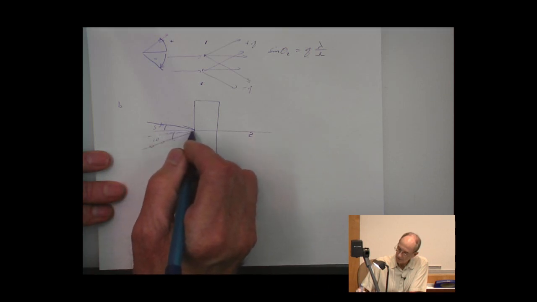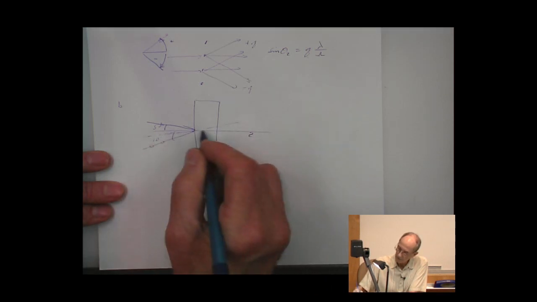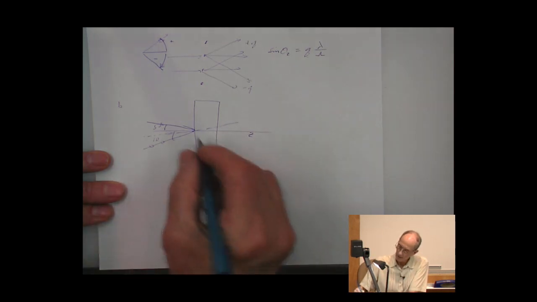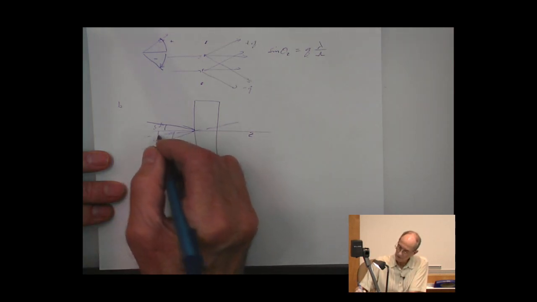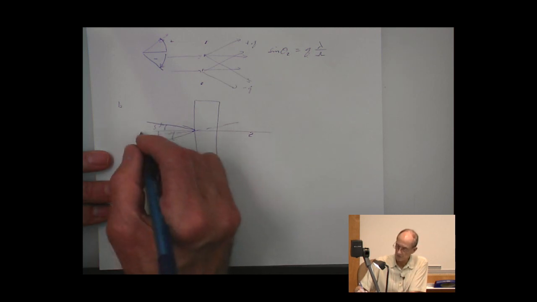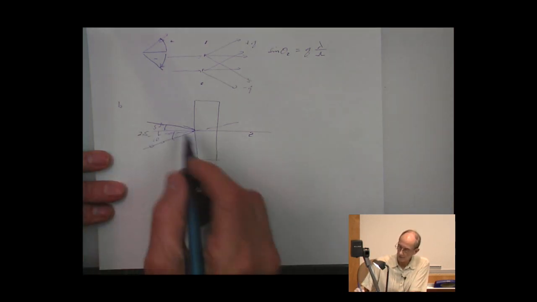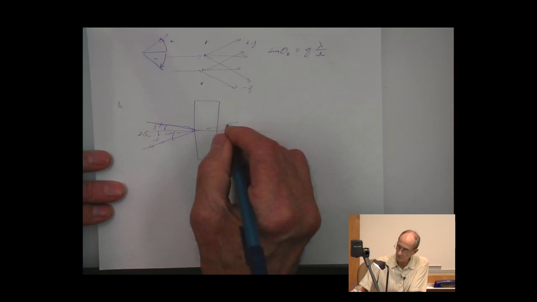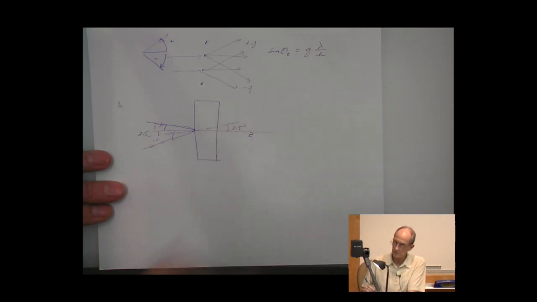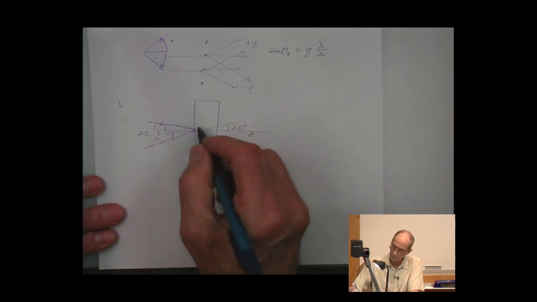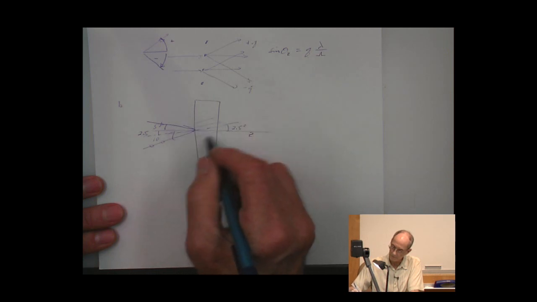All right, so the bisector is like that. Okay, and this total is 15 degrees, so the bisector is 7.5 degrees, which means it's 2.5 degrees below the z-axis here, or this is 2.5 degrees. Okay, and all your fringes are going to form like that.